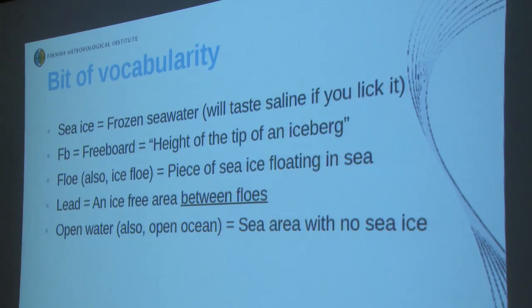They vary a lot in size. Lead is an ice-free area between ice flows. So a crack or a lead is the same thing. Whereas open water is, in my understanding, a big sea area with no sea ice at all in it. And it's very easy to confuse these two.